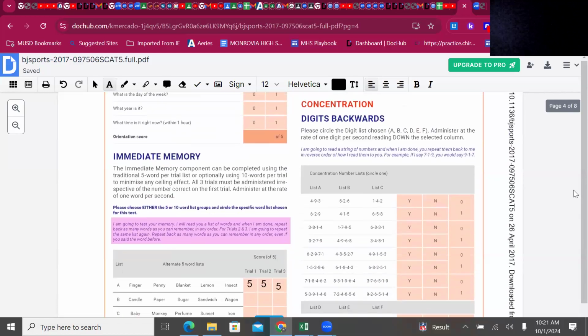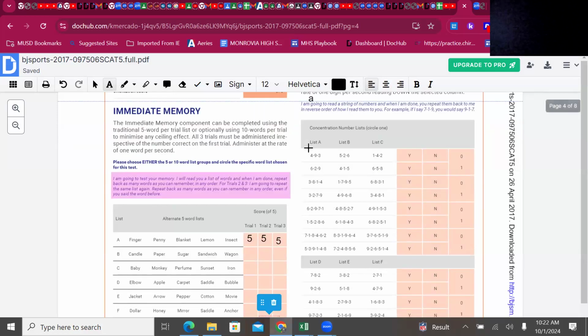The next test is concentration digits backwards. Please circle the digit list chosen, A, B, C, D, E, or F. Administer at the rate of 1 digit per second, reading down the second column. Let me go back to this immediate memory real quick.